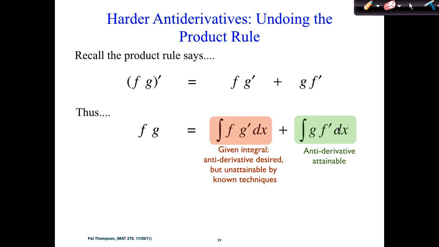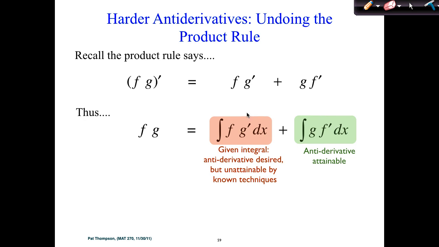That one's easier, that one we can do more on the spot. So by figuring out what the other term would be and seeing that it's attainable, that gives us a way to get this.